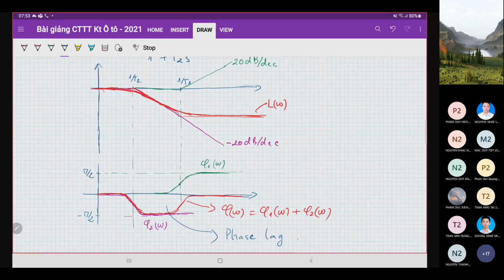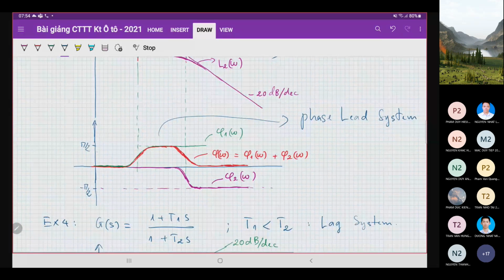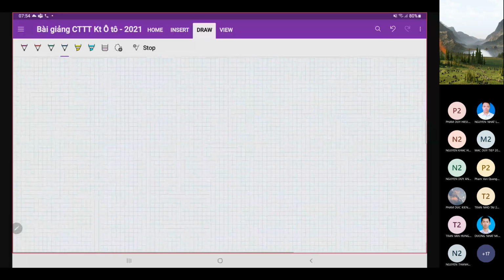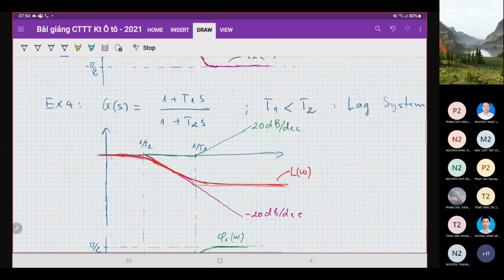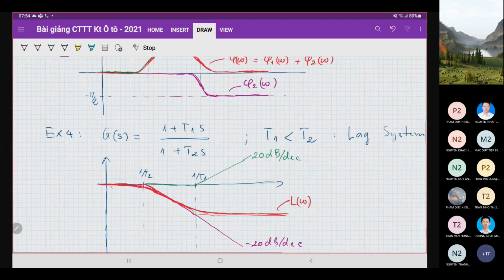From the magnitude point of view, it does not change the magnitude of the input and output very much, because the input and output are proportional. But from the phase point of view, the output will be shifted relative to the input, depending on phase lead or phase lag, by a value of minus pi over 2 or plus pi over 2.